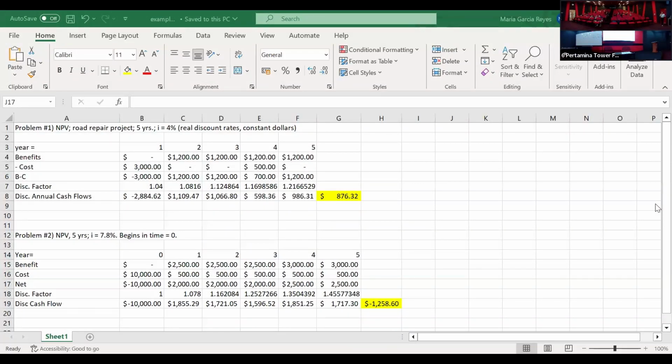Okay, so this is a little example, okay? So I'm repairing a road over 5 years. The interest rate is 4%. Everything is in dollars, okay? So I have my years, then I have the benefits. Obviously, on the first year, there are no benefits.